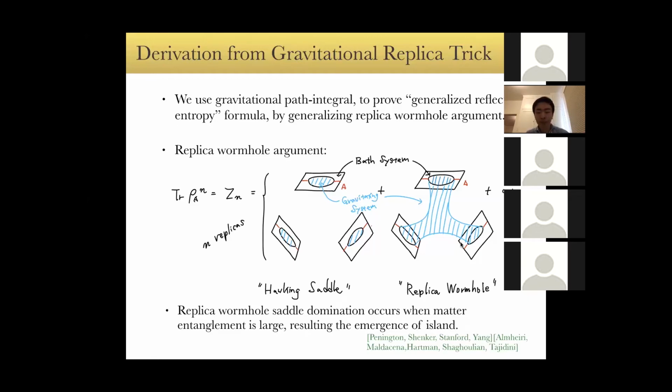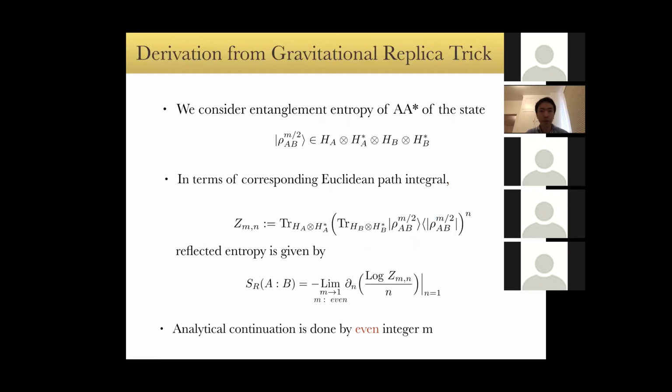And we can generalize this argument to the reflected entropy, as I will explain now. So what is the replica trick for the reflected entropy? It goes in the following way. We first consider the state corresponding to rho AB to the power of m/2.